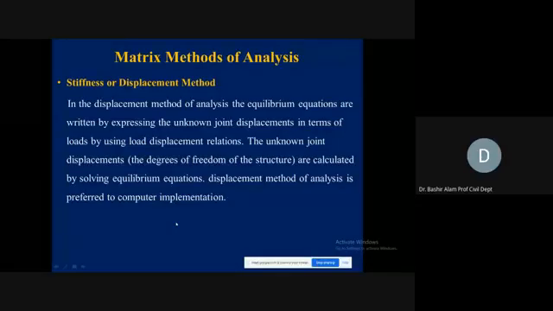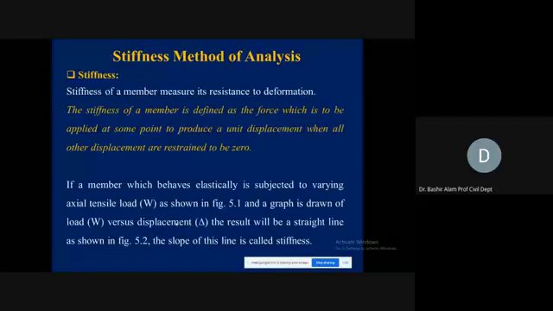And when we get to that stage, we will be discussing it. So this is more organized. That is why this is the preferred method for implementation on the computer. Now, if you see SAFE or ETAP, whatever structural software we have there, that are based on the stiffness method.